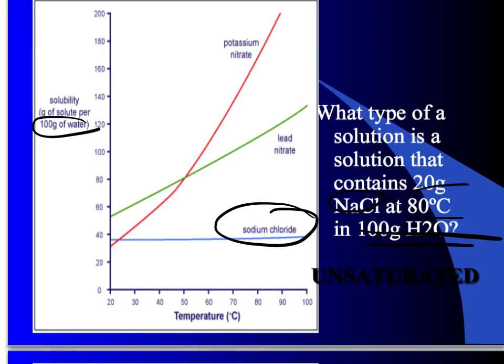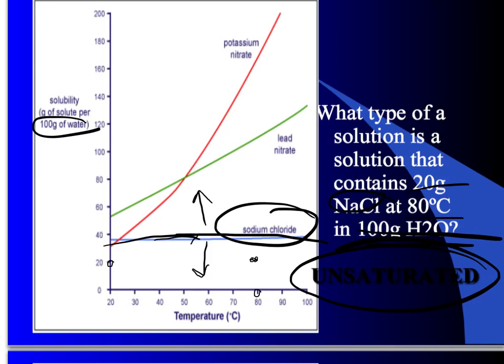Okay, so at 20 grams, here's 20 grams, and it's at 80 degrees. So if we were to plot that point, it would be about here. So is that below, above, or right on the line? It is below the line, so if it's below, we call that unsaturated. It hasn't yet gotten to that max solubility point on the line.